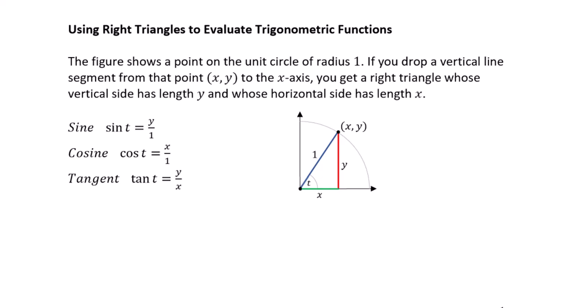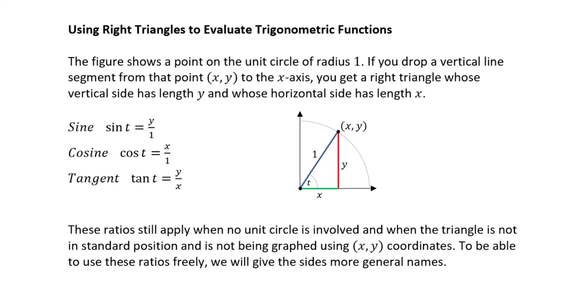The sine of that angle t is y divided by 1. Cosine of t is x divided by 1, and tangent of t is y divided by x.